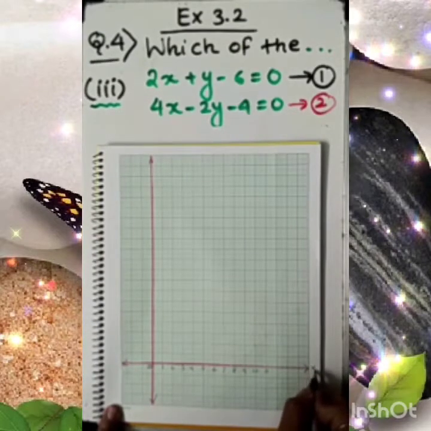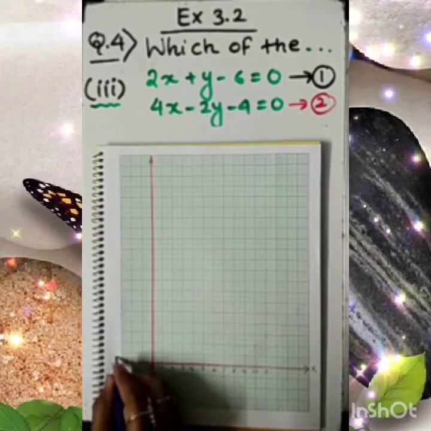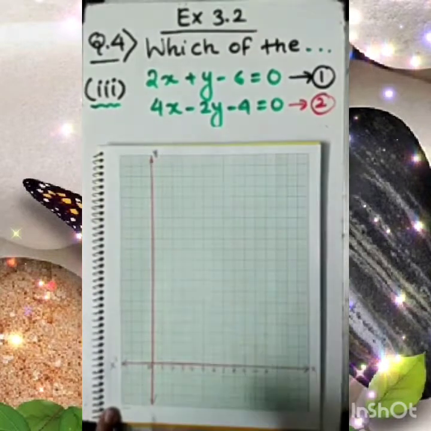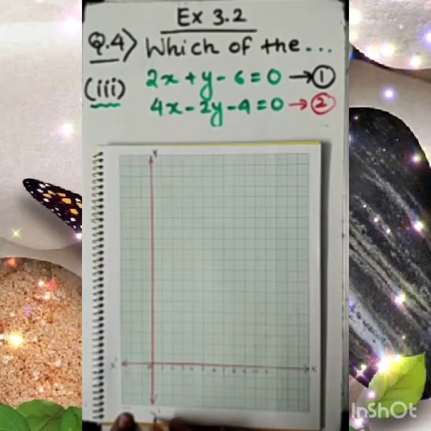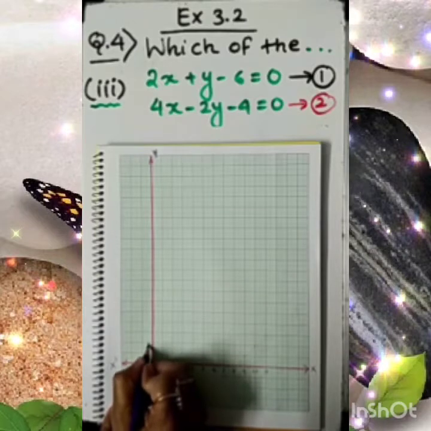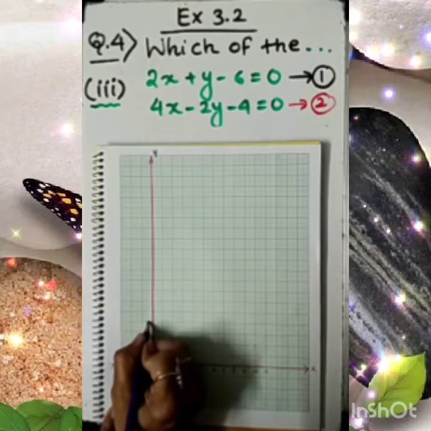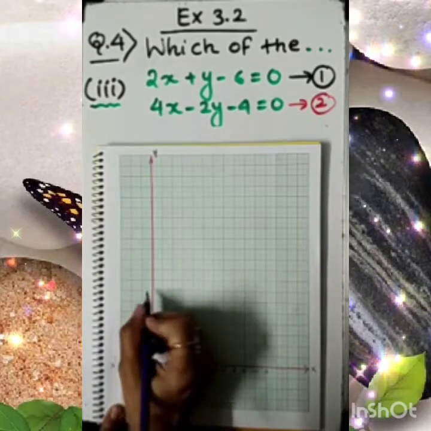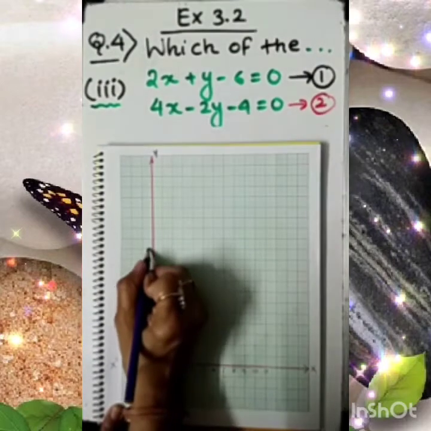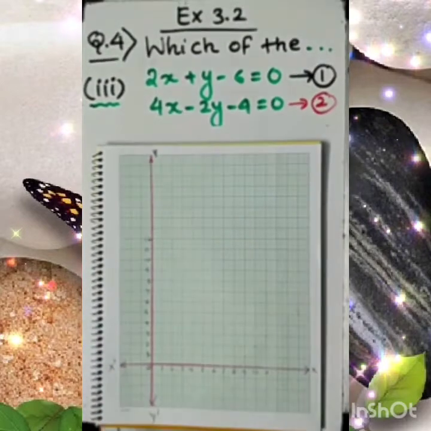This is our x-axis, this is the x dash axis, this is the y-axis, and this is the y dash axis. Same, taking 1 unit, 1, 2, 3, 4, 5, 6 in order, 7, 8, 9, 10, 11, 12. This much is, I think, enough for us.